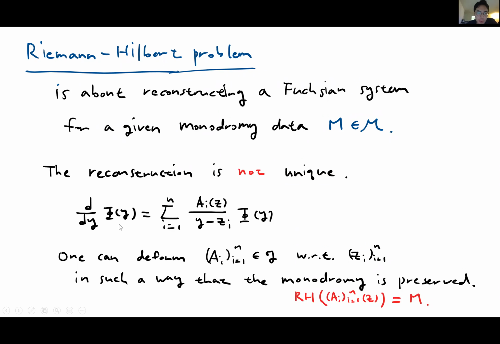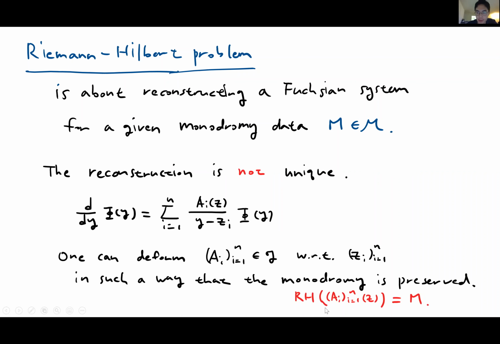let's say I rewrite the equation that defines the Fuchsian system again here. And let's say I let the residues A_i vary along the position of the poles, z_i. So this is what it means, A_i of z. And I can vary A_i with respect to z in such a way that the monodromy of this Fuchsian system is preserved along these variations of the A_i.